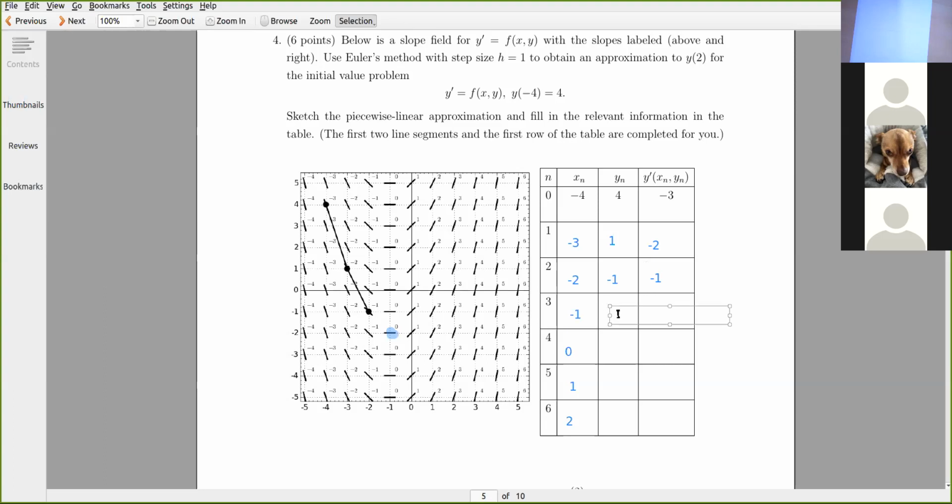So the points are (-1, -2). The slope there is 0. If the slope is 0, you essentially just want to draw a straight line to the right. So my next point is going to be (0, -2).